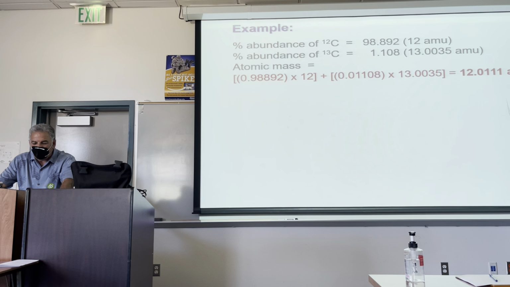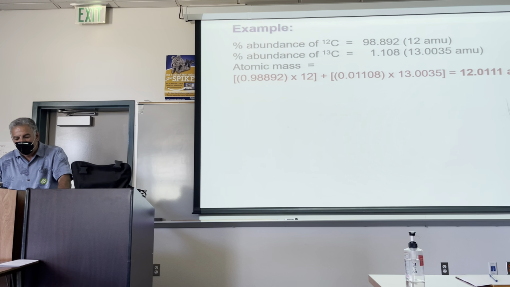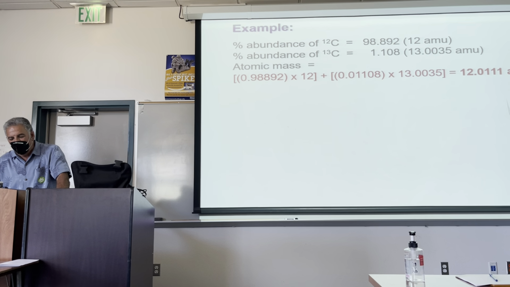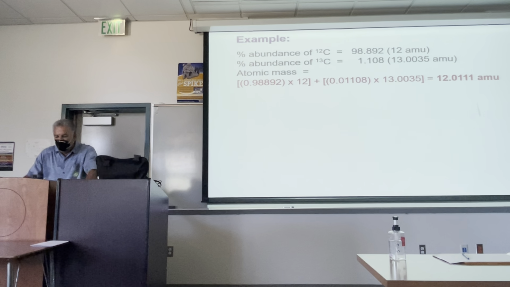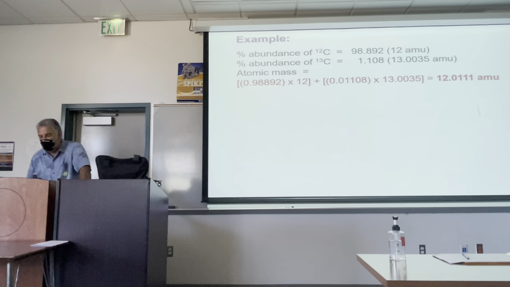You divide the percentages by 100, which gives you 0.98892. So 0.98892 times 12 plus 0.01108 times 13.0035 gives us an average of 12.0111, and we usually see that on the periodic table as 12.01.